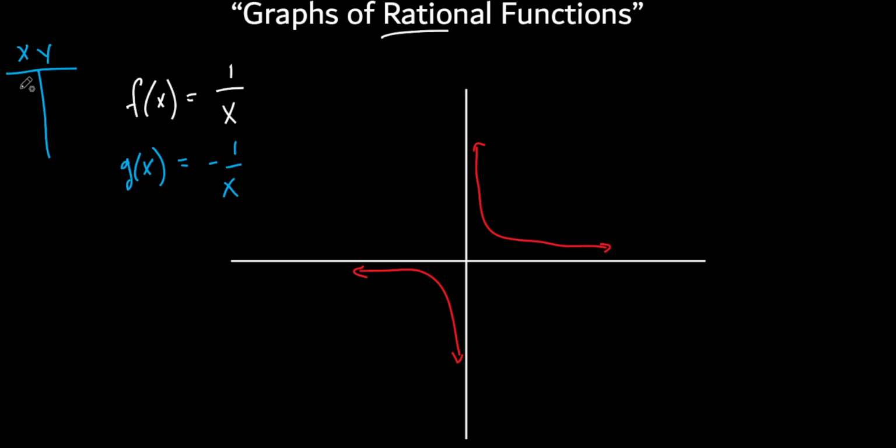All right, so if you put a 0 in there for x, what's that going to give you? It's going to be undefined, right? So I'm not going to put any zeros in there. I could put a -1 and a +1, though, couldn't I? So if I put -1 in for x, what should I get?